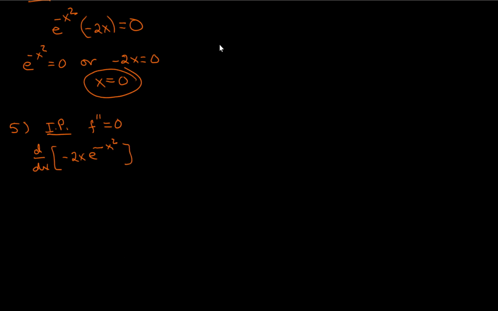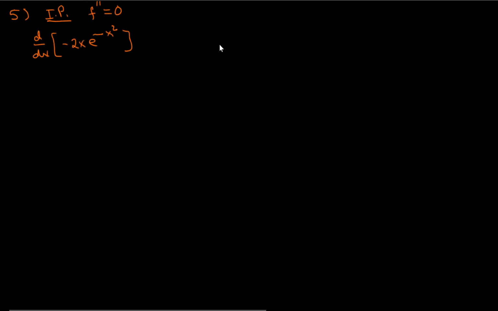That's a product rule. When I do the product rule, I'm going to get a negative 2 e to the negative x squared, the derivative of the negative 2x times e to the negative x squared, plus then I'm going to have the 2x times the derivative of e to the negative x squared. That's a chain rule. With the derivative of e, just give me back what I started with.